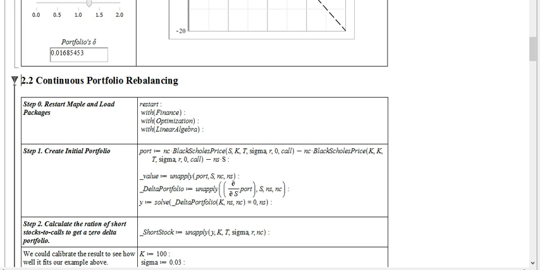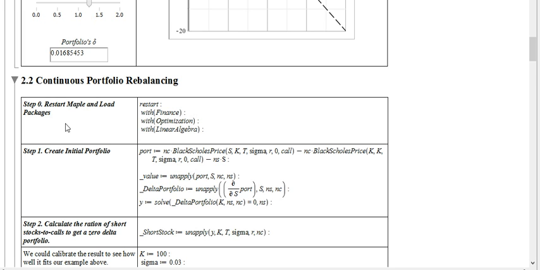We will attempt to put together a sequence of Maple commands in order to see what would be the cumulative profits made by a strategy like this when it is A, sustained over an extended period of time, and B, when we follow very strict rebalancings in order to maintain a zero delta position. So let's go to step 0.